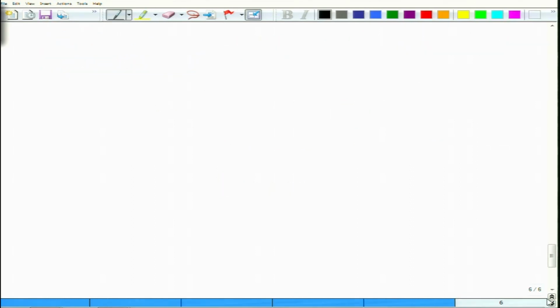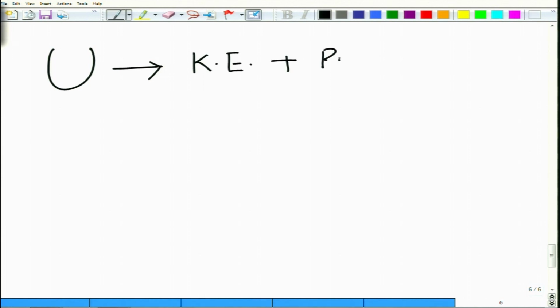This U is basically the sum of all the kinetic energy contributions and all the potential energy contributions.